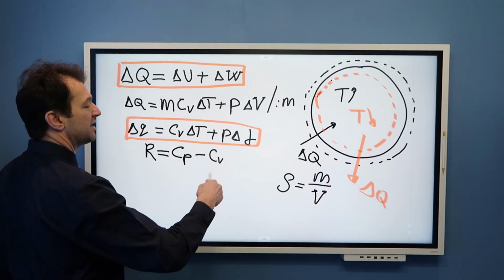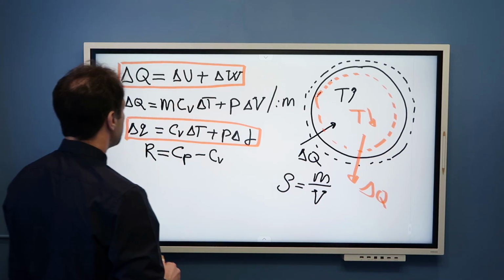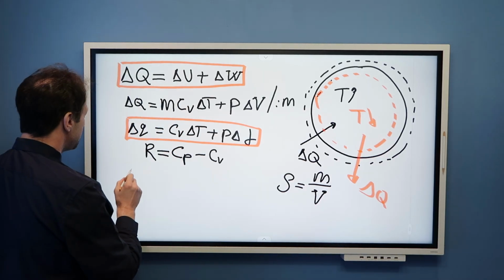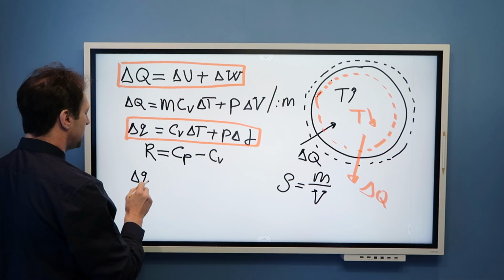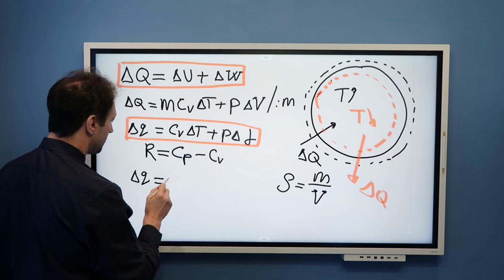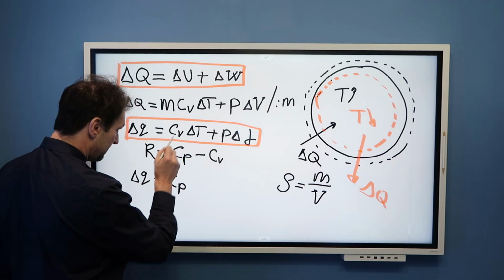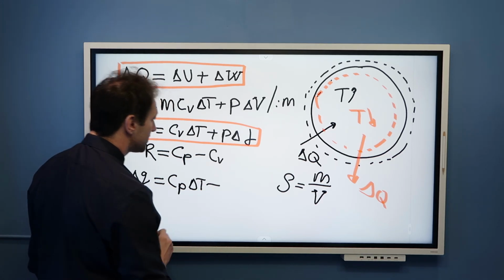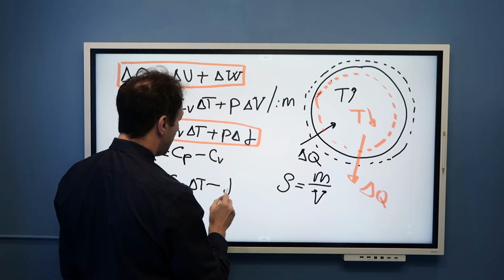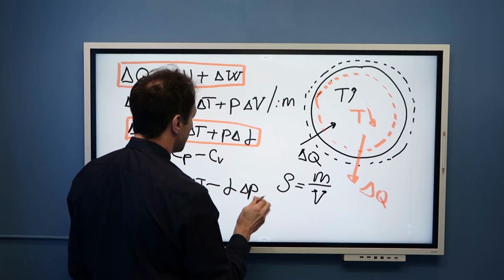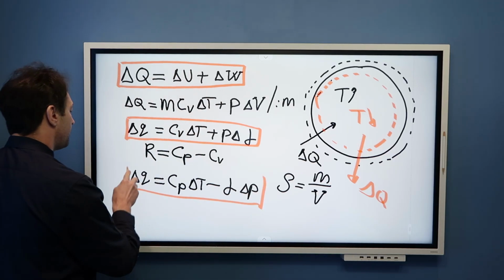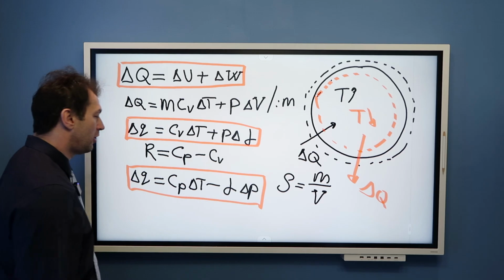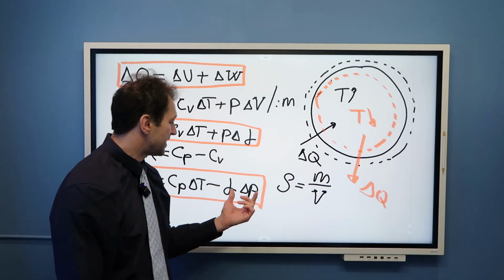Substituting this here, and the equation of state that I introduced in previous videos, it can be demonstrated that this delta q can be rewritten as Cp, not Cv, Cp delta T, not plus but minus, and these are reversed, alpha delta P. And this is the form of the first law of thermodynamics used in atmospheric sciences.